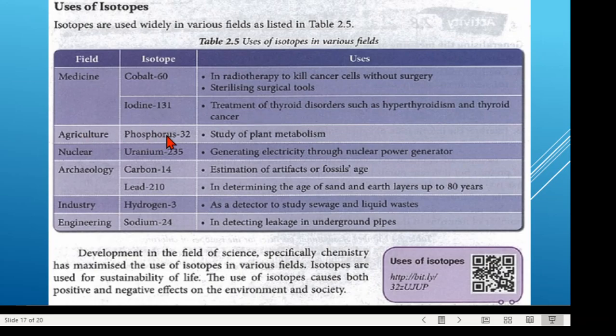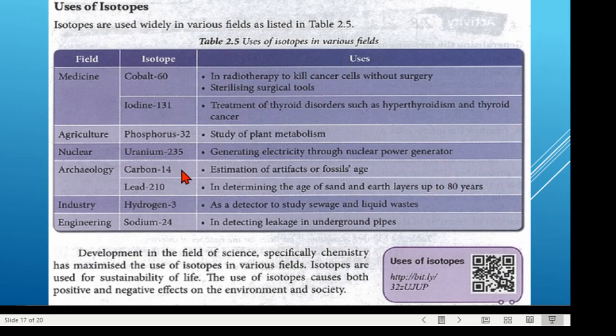In agriculture, phosphorus-32 is used to study plant metabolism. In nuclear, uranium-235 is used to generate electricity through a nuclear power generator.